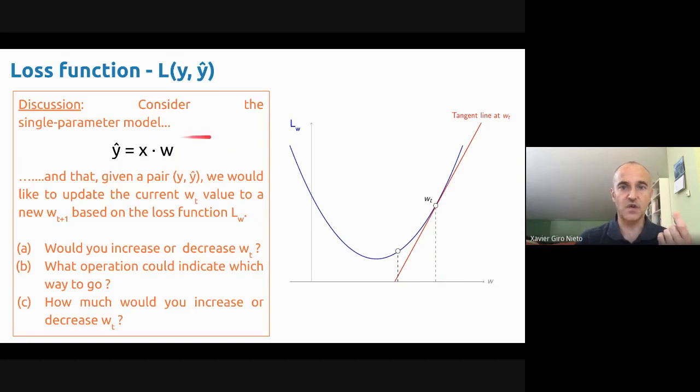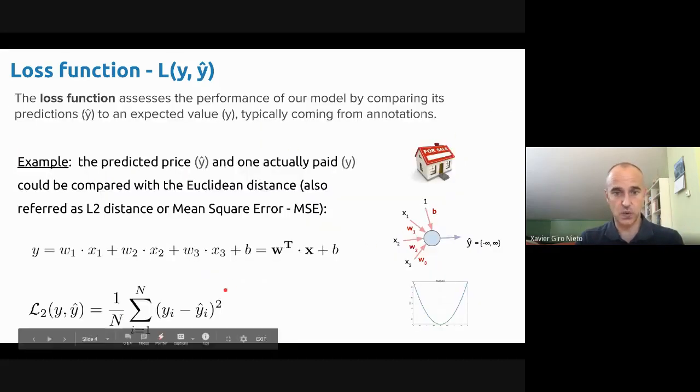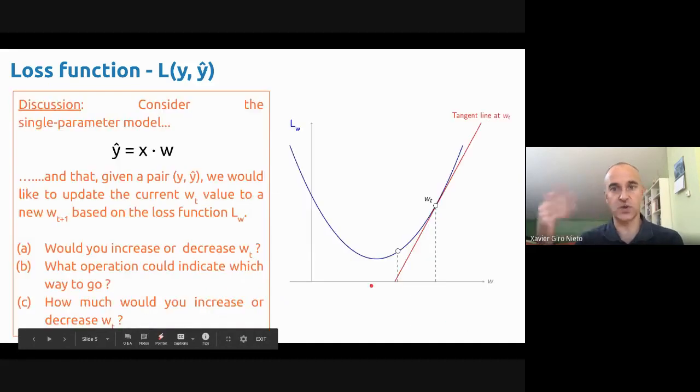Here, this curve is telling you that if your loss function is an L2 loss, depending on the value of the parameter you're trying to estimate, this is how your loss will evolve. It follows a square law, because there's this square here. It follows a quadratic form.